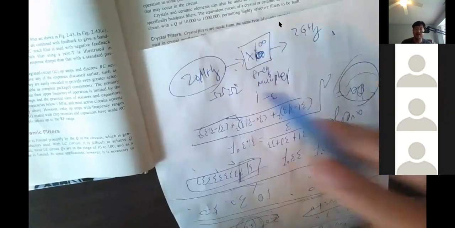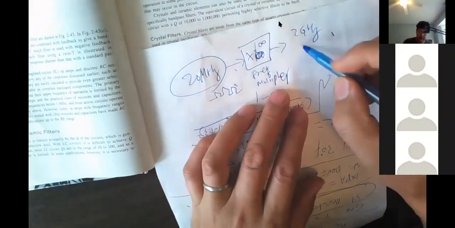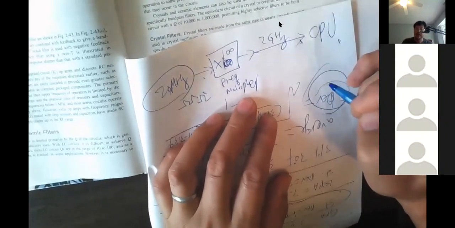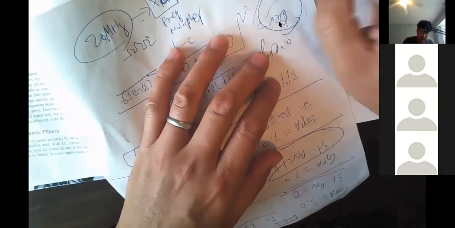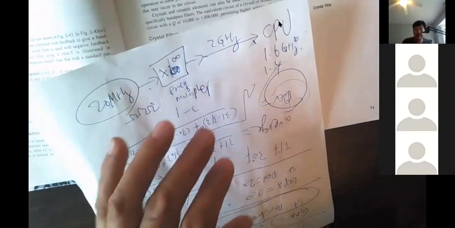We start with a very stable 20 megahertz frequency, multiply by 100, and then this goes to the CPU in your Raspberry Pi. Actually, the Raspberry Pi is 1.6 gigahertz or 1.4 gigahertz, depending on which one you buy.